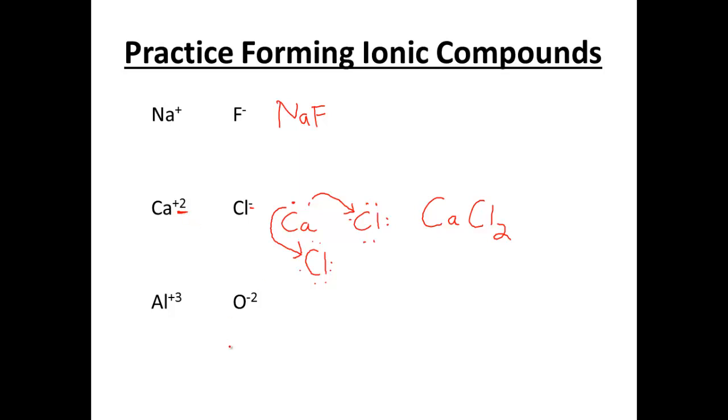Another way we could look at this: aluminum has a plus 3, oxygen has a minus 2. To get these two to combine, the lowest common multiple between the two is 6. 2 times plus 3 gives us plus 6, and 3 times minus 2 gives us minus 6, to keep us overall neutral.